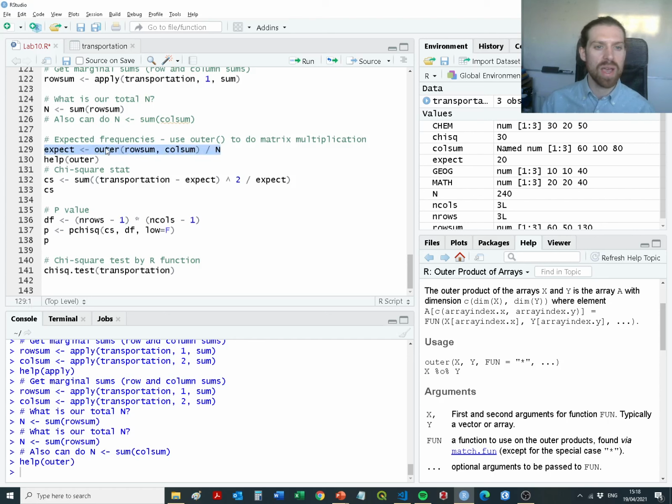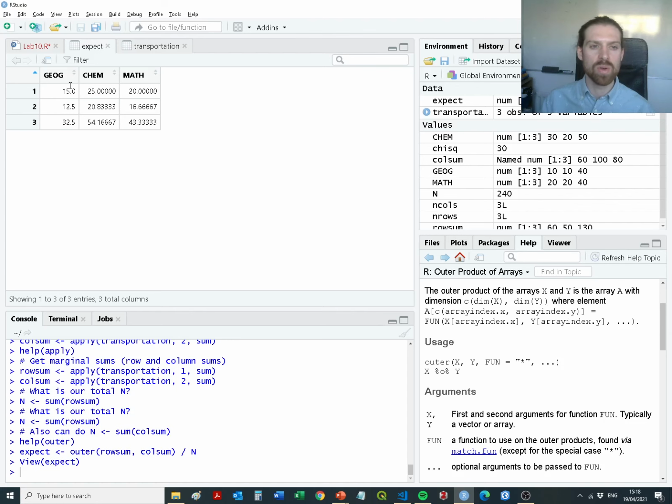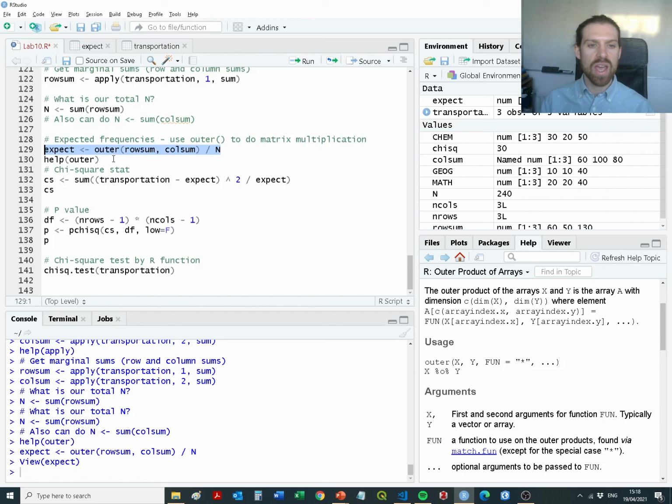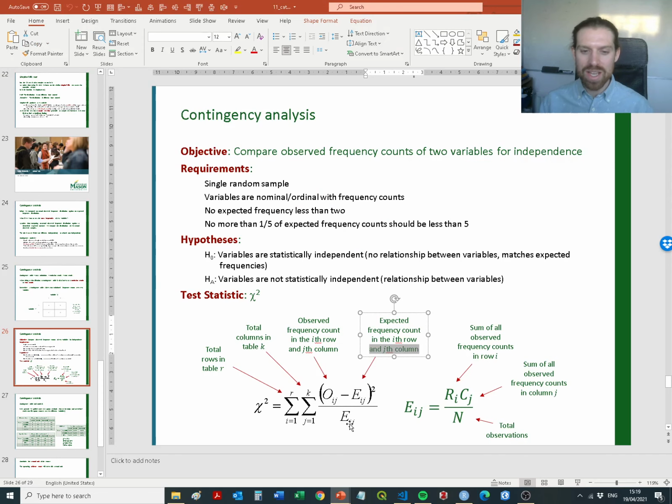Let's produce the expected outcome, so that's taking into account all row sums and column sums divided by n, and we get our expected amounts here, and it's in exactly the same dimensions as the actual data which we've got, which is handy because in the next piece we just need to finish off our equation here.